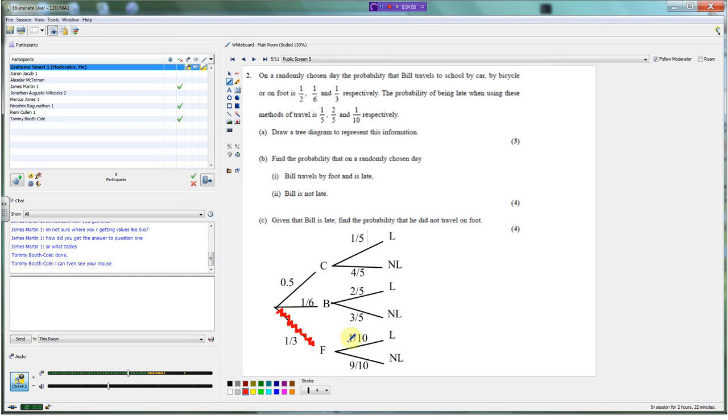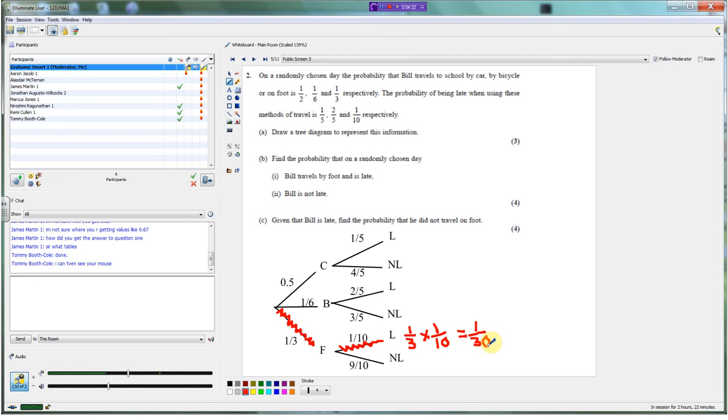So he travels by foot and is late, so that's going to be 1/3 times 1/10, and I'm sure you've all got that. So 1/30 being the answer there.